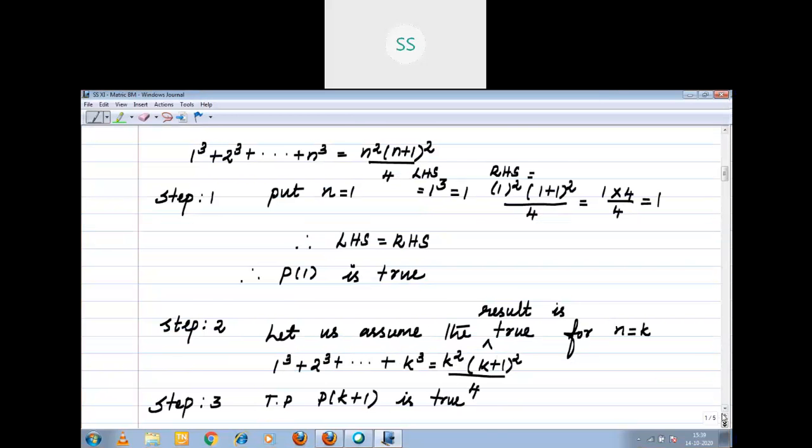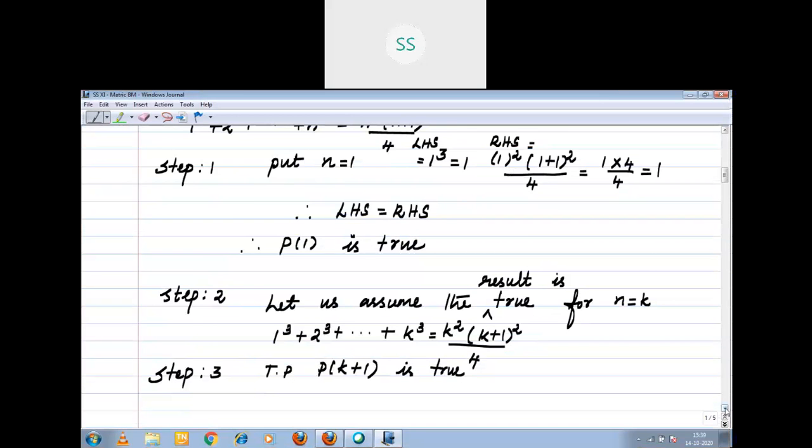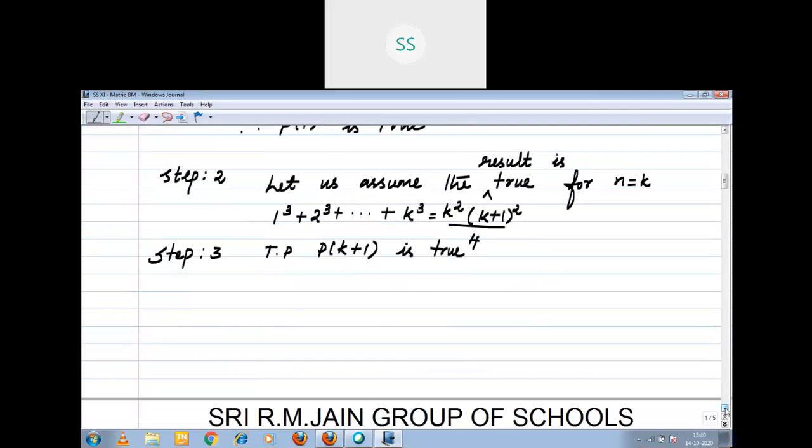Now, the LHS equal to 1 cube plus 2 cube plus 3 cube plus etc. plus k cube plus k plus 1 the whole cube. Your n can be replaced by k plus 1.